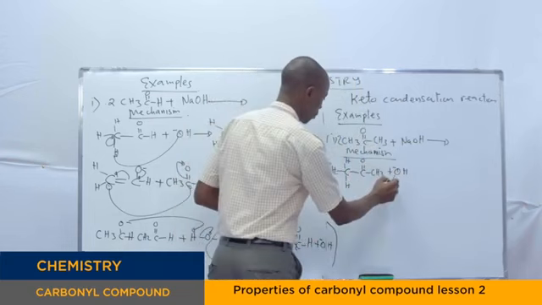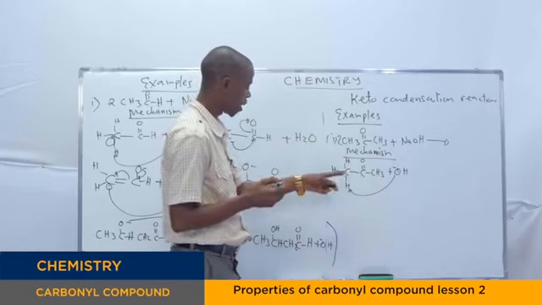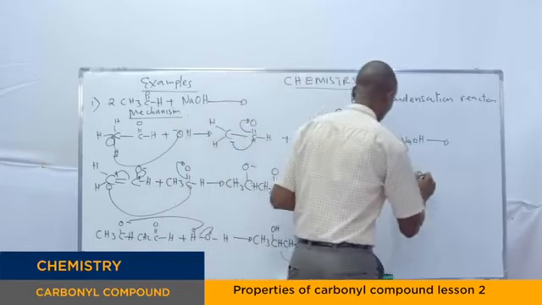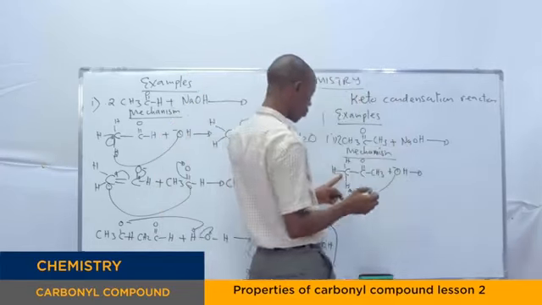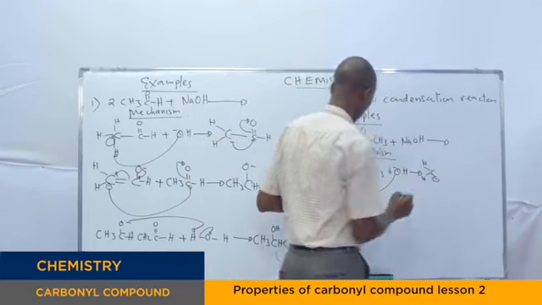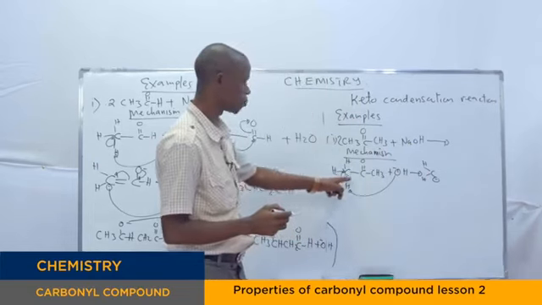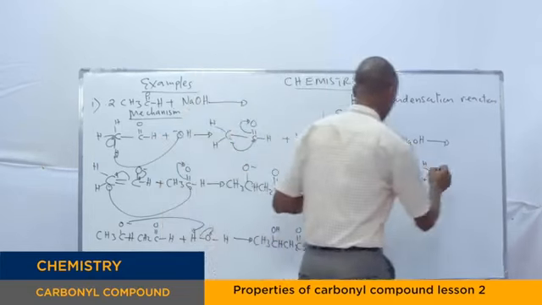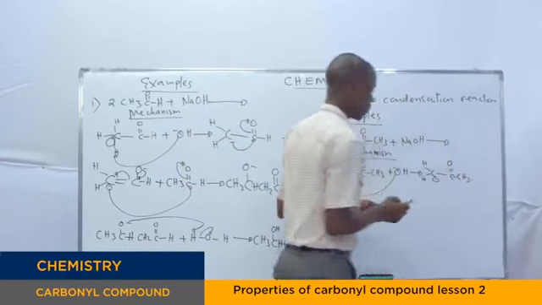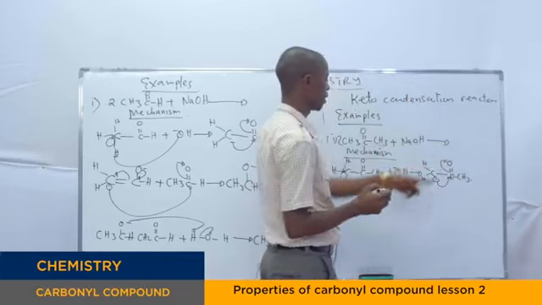This one will attack this proton, the alpha hydrogen atom from the alpha carbon, to give the following. This carbon is negatively charged now because the electron will move to this carbon that way, because this bond will break heterolytically. If that is the case, this electron will move to this carbon and come to the oxygen atom here.